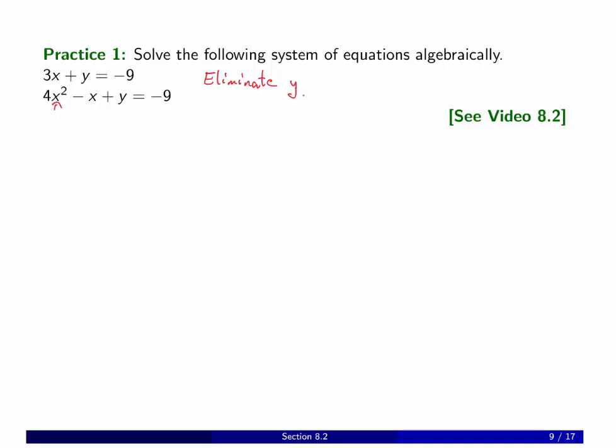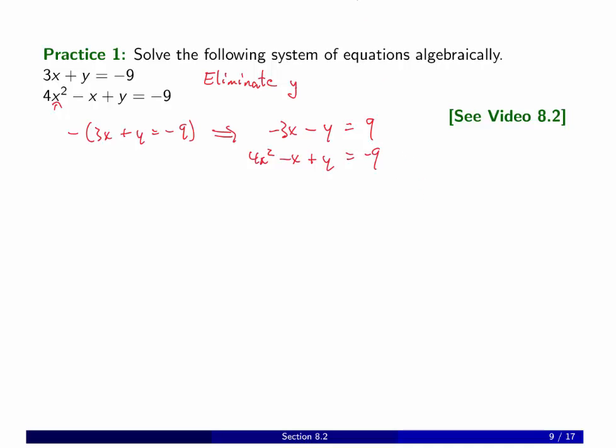So we're going to eliminate y by multiplying the top equation by negative 1. So if you multiply the top equation by negative 1, that will give you negative 3x minus y equals 9. The bottom equation is 4x squared minus x plus y equals negative 9, if I write them all above each other.